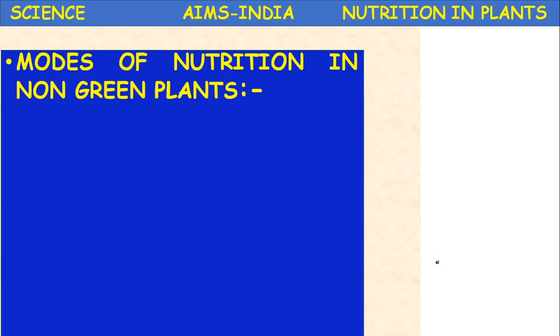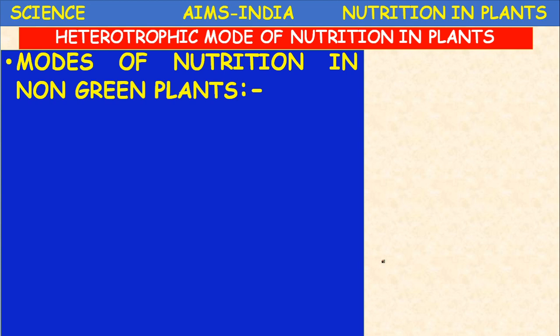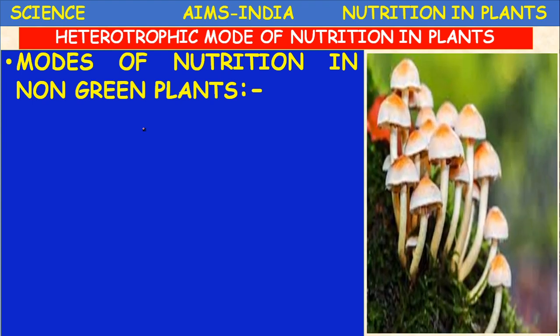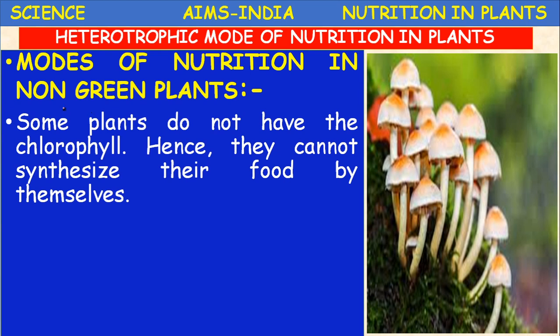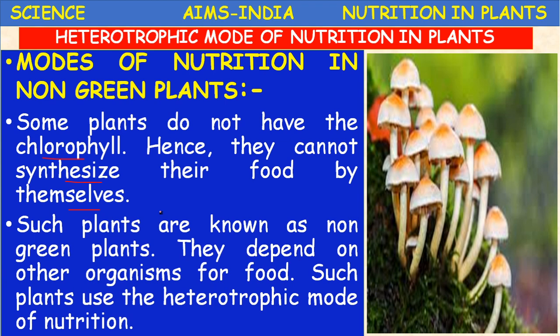Let us go to the next mode of nutrition, heterotrophic mode of nutrition. Till now we have studied autotrophic nutrition. Now heterotrophic mode of nutrition in plants. The mode of nutrition in non-green plants is mainly heterotrophic. Some plants do not have chlorophyll, hence they cannot synthesize their food by themselves, so they have to depend on other organisms for their food requirement.